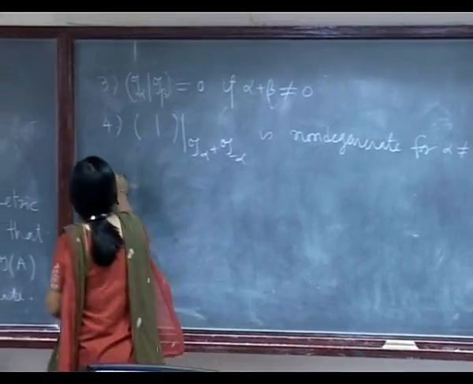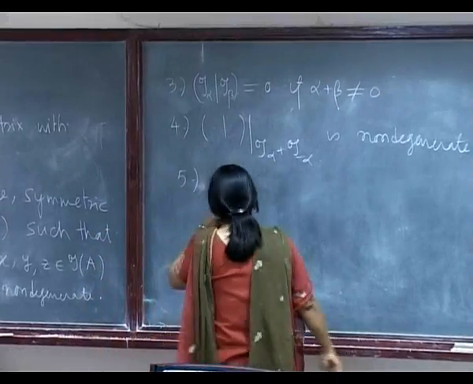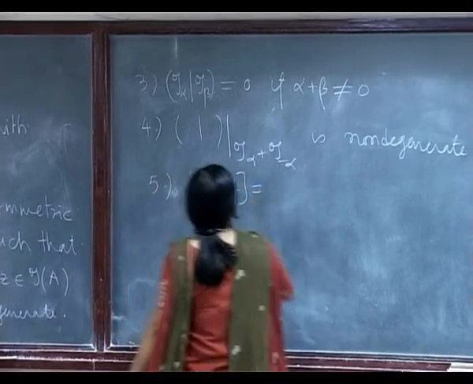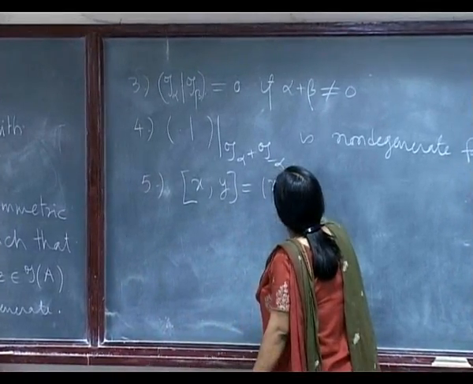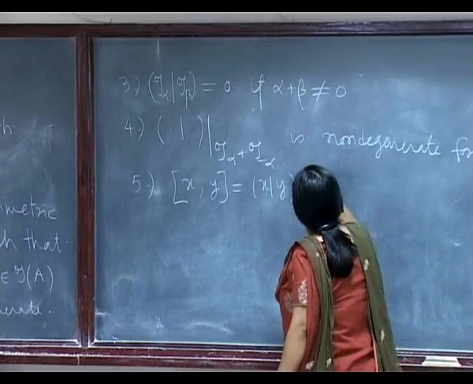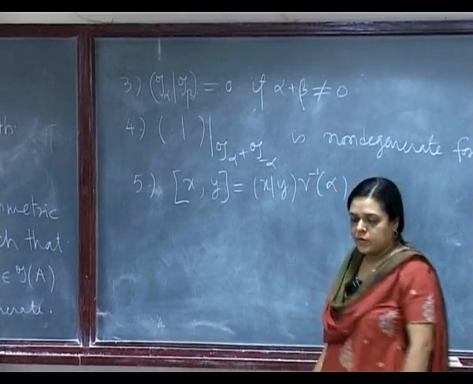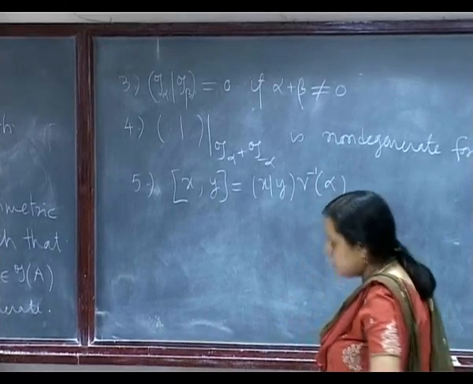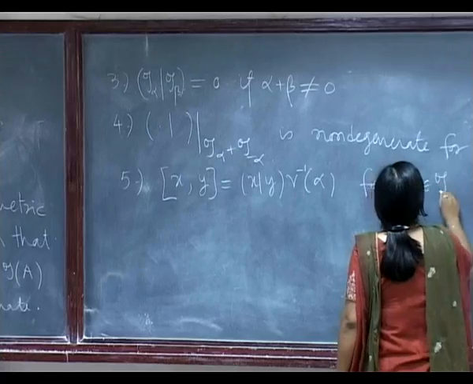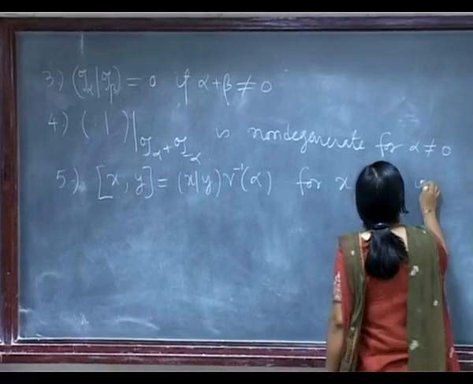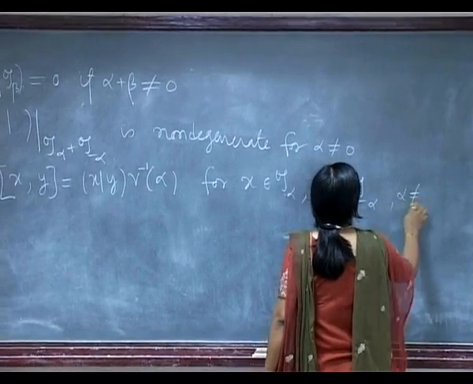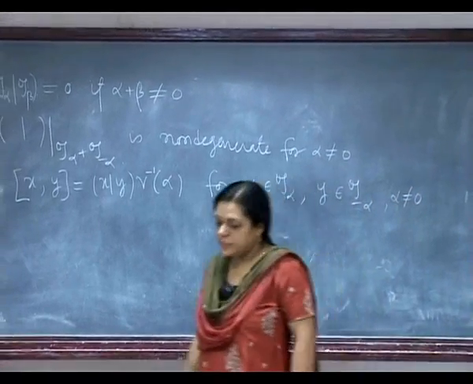And the last property is that x bracket y is equal to the bilinear form of x and y times nu inverse of alpha, for x belonging to G alpha, y belonging to G minus alpha, and alpha not equal to 0.